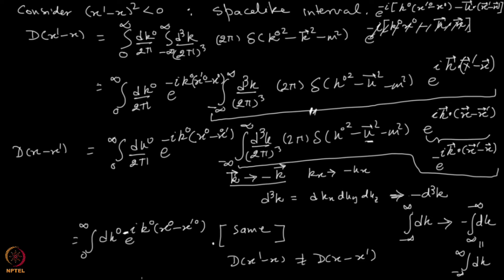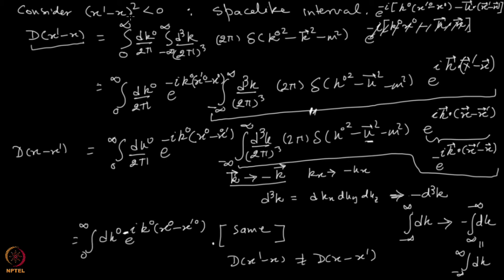But now we are going to use the fact that we have already shown this object to be a Lorentz invariant object, meaning I can calculate this in any frame, whichever I wish, and the value would be the same in all other frames. So that's what I'm going to utilize to make a statement about what happens when x prime minus x is space-like.